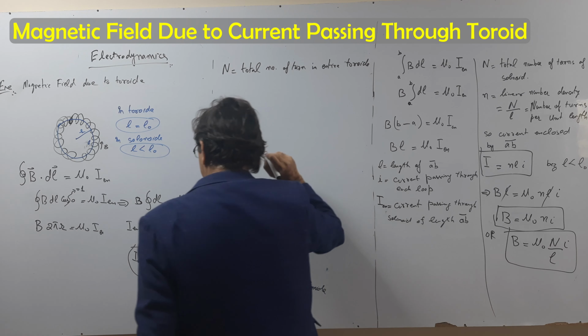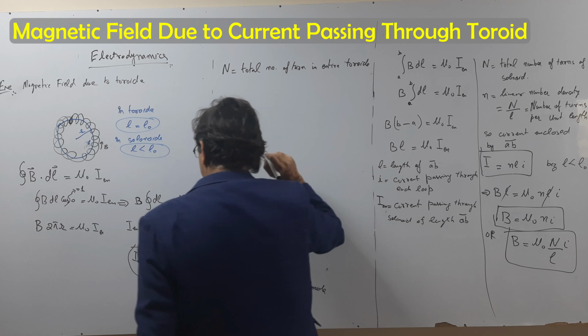It is the same if we consider length L equal to 2 pi r for the toroid.